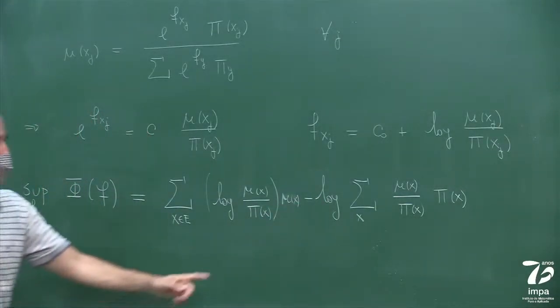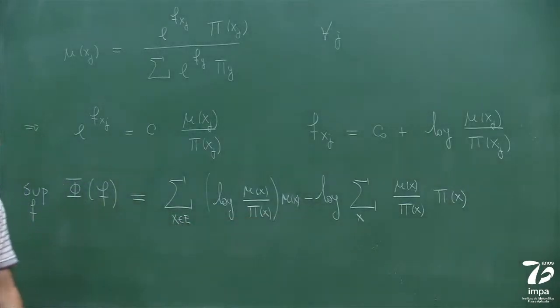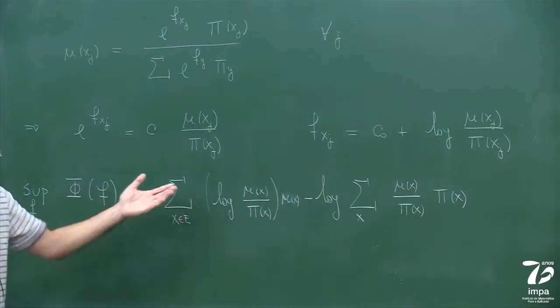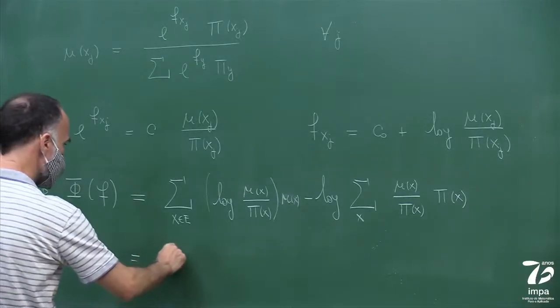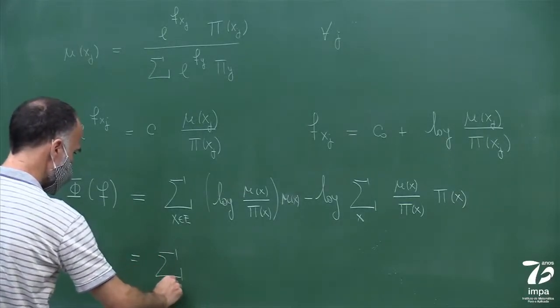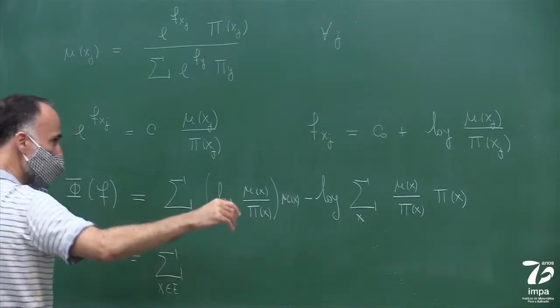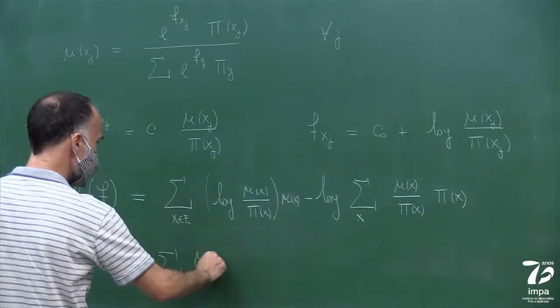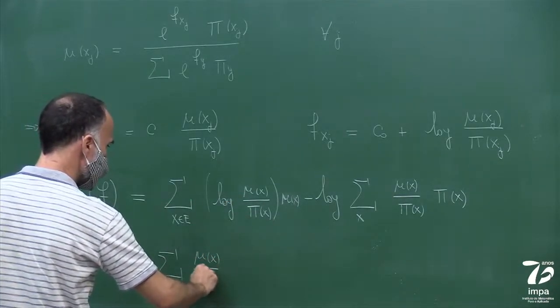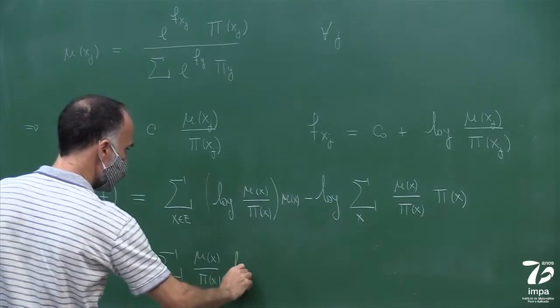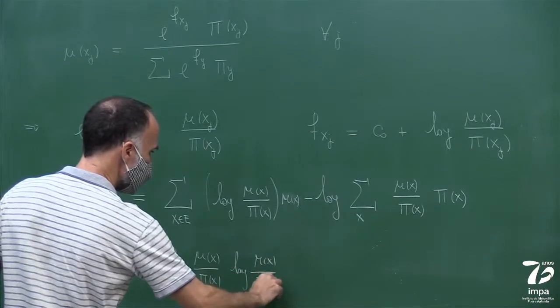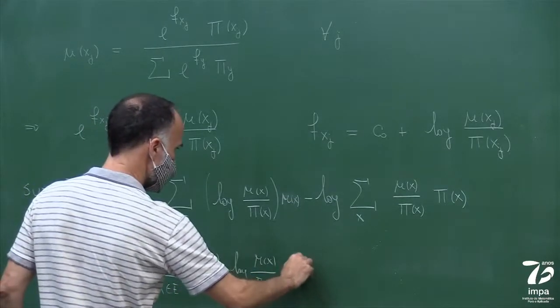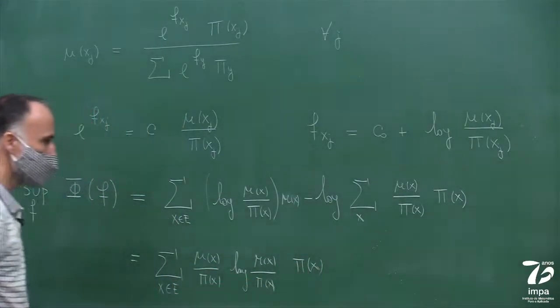As I said before, this second term is equal to 0, while the first term is what it is, and I can rewrite it to get exactly the same formula as I wrote there: the sum of mu(x) log of mu(x) divided by pi(x), times pi(x).